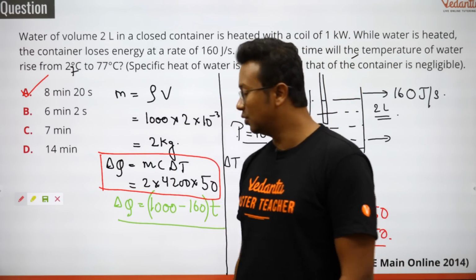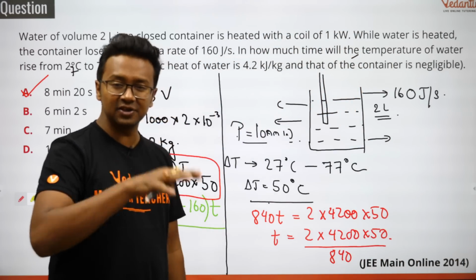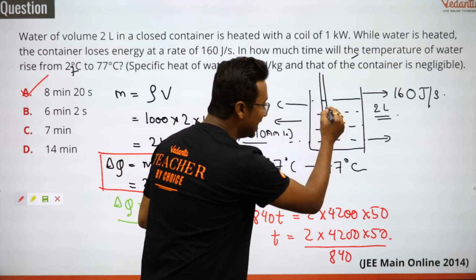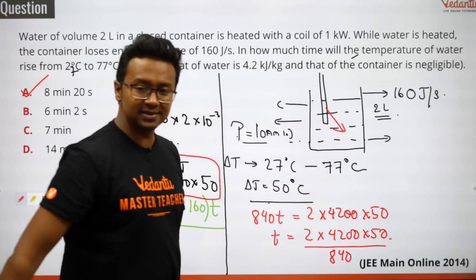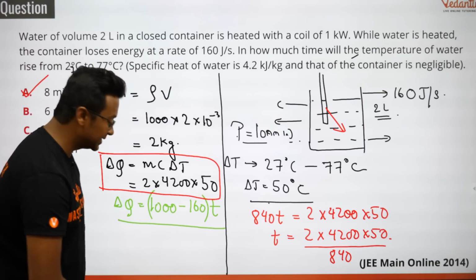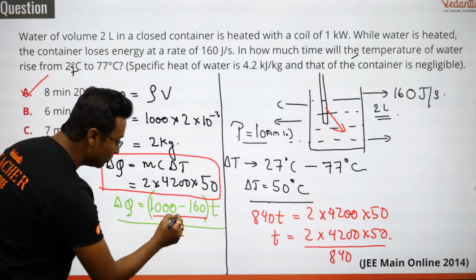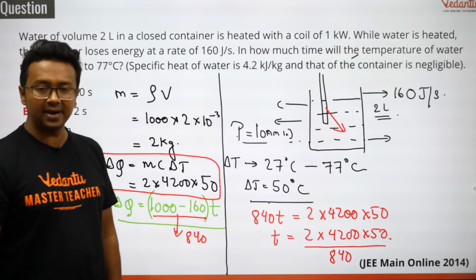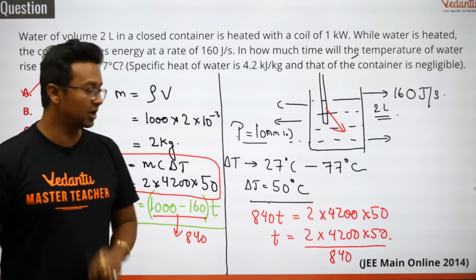So the net rate at which the heat is coming to the water inside is how much? 1000 minus 160. So overall, this becomes nothing but 840. That is equal to 840.